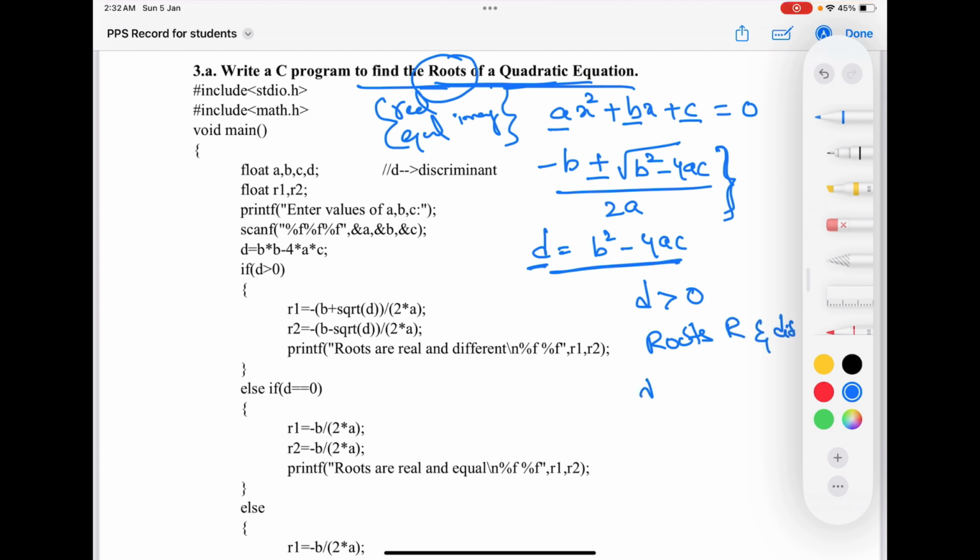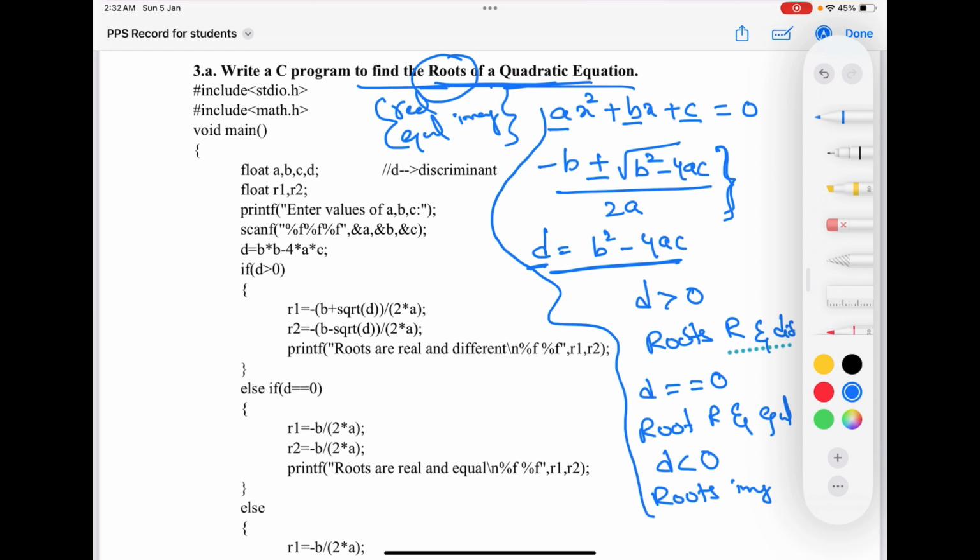If d is equal to 0, the roots are real and equal. If d is less than 0, the roots are imaginary.